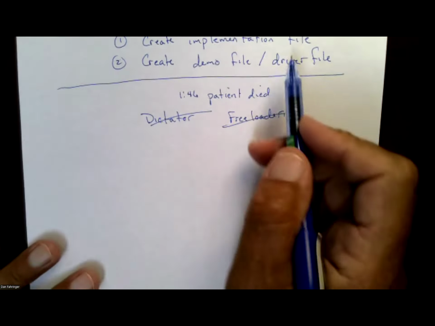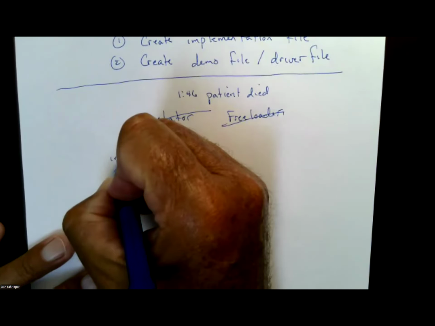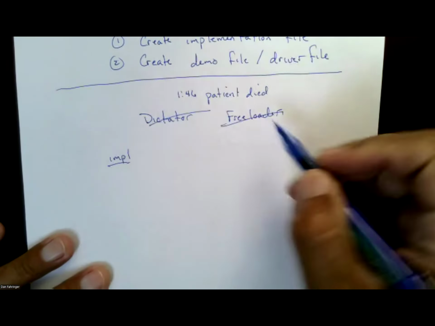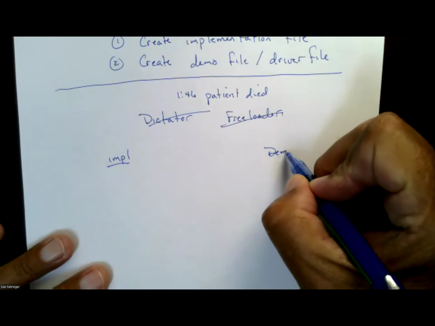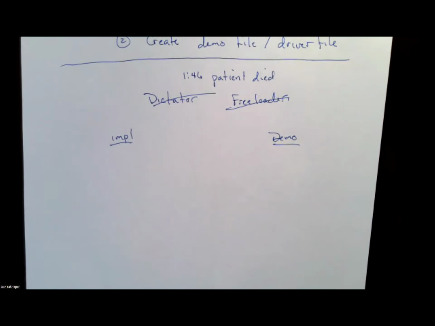Okay, so let's see. We have the implementation file, and we have the demo file that need to be written. So if I'm the boss, I'm going to say, hey, you go write this function, you go write that function, you do that. And then I want you all to send them to me, and they're all going to work.